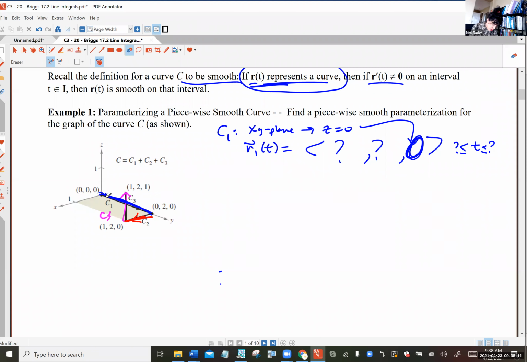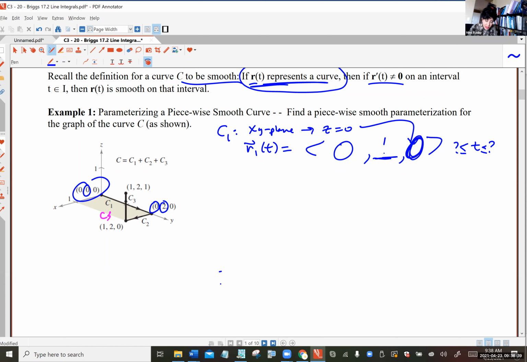Well, look at the curve. Notice it starts at 0, 0, 0, fine. And it's moving along the y-axis, which means x stays 0 the entire journey. So I can put a 0 there for the x component. But then y is changing between 0 and 2. So y is variable. That means you need to put a variable in that middle component. Well, what variable should I use? I'm confused.